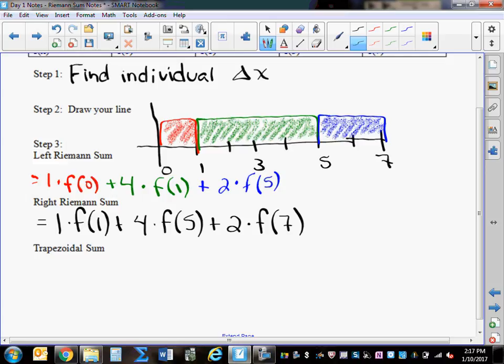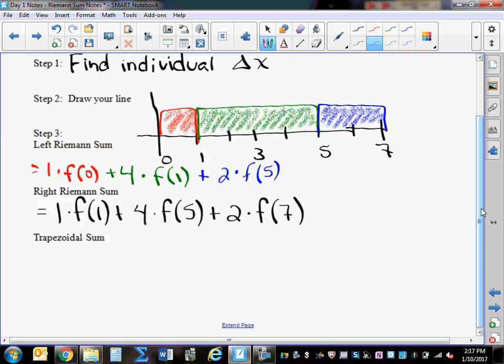Okay. Now your trapezoidal sum. Say you didn't remember the condensed formula. 1/2 times my width here, which is 1, times f of 0 plus f of 1.